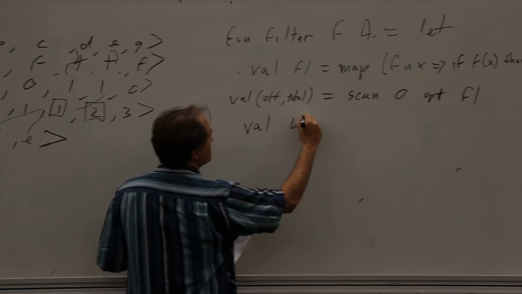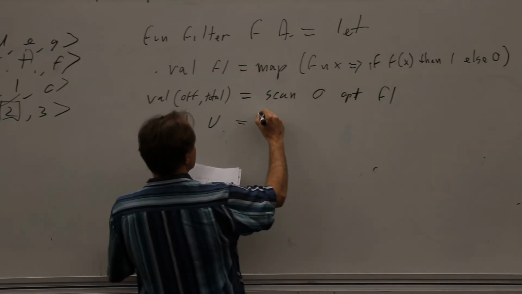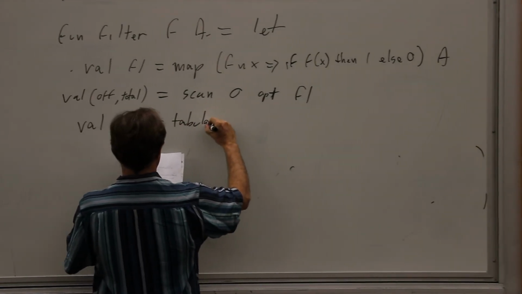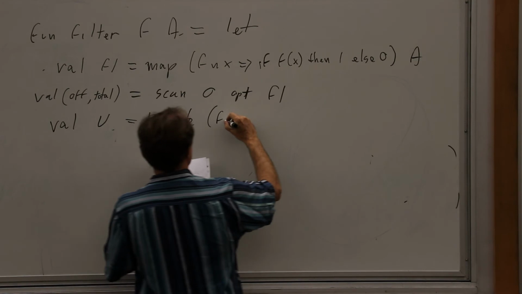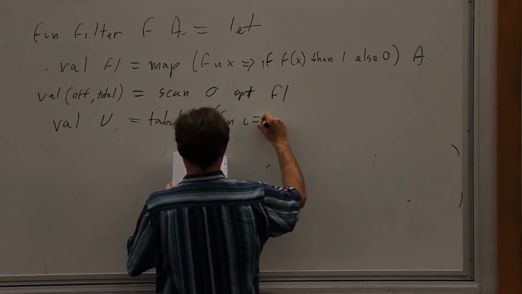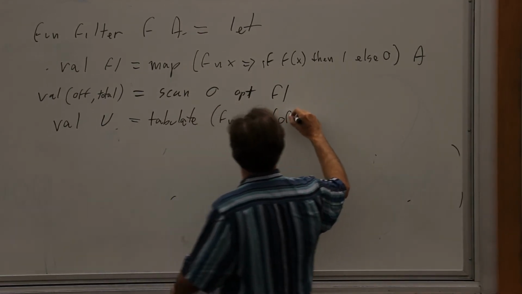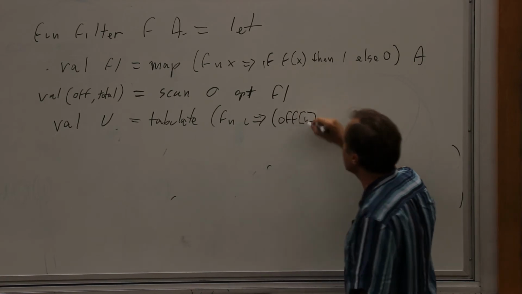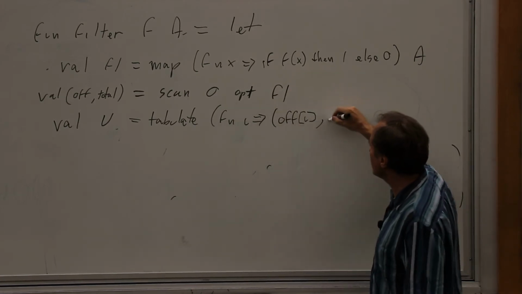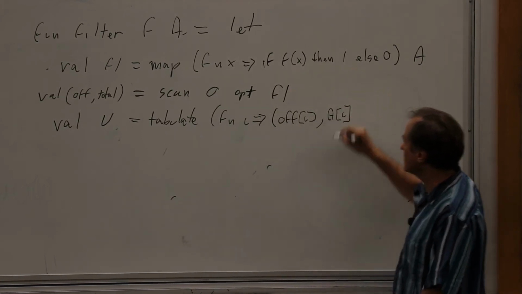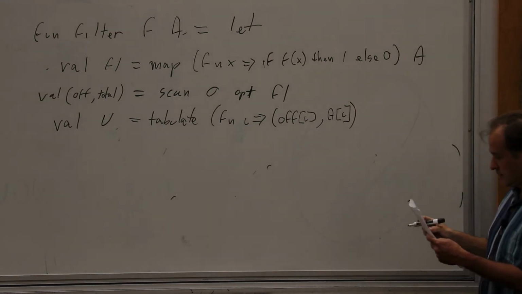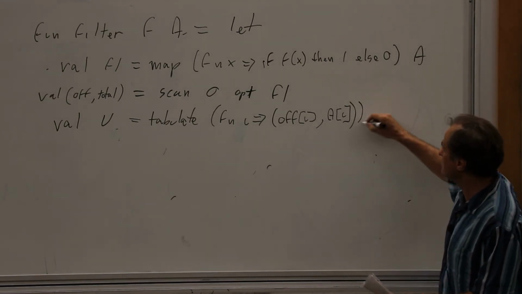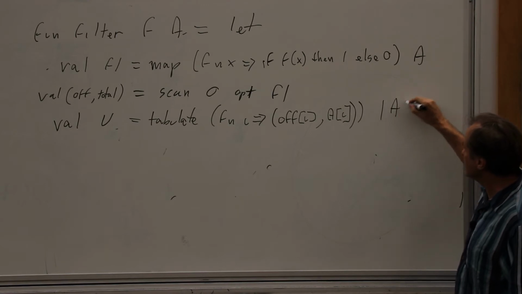Okay, so I'm going to generate U, and I'm going to do that with a simple tabulate. And it's going to return offset I, where I want to write it, and my value I, which is the thing I want to write, which is AI. And this is going to be over the length of A, I guess.